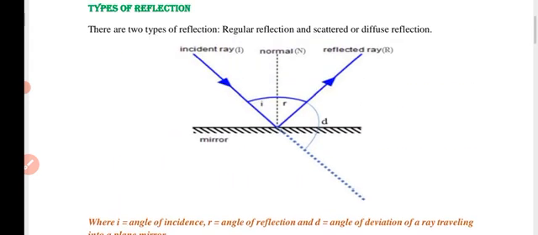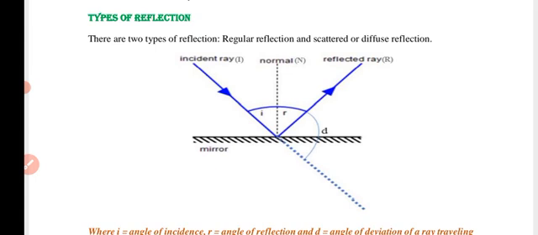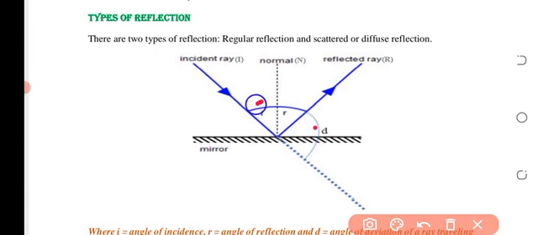Now, when we have a regular reflection, it is observed that the angle of incidence is always equal to the angle of reflection. From there, they may ask us to calculate the angle of deviation, which is small letter d, and mathematically, we know that the angle between the original path of the ray that is striking the surface and the path it will follow without reflection is on a straight line, which is equal to 180 degrees.